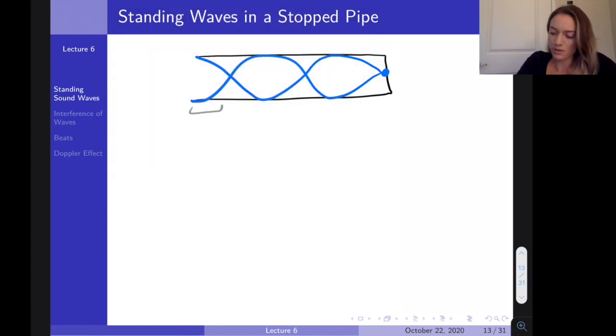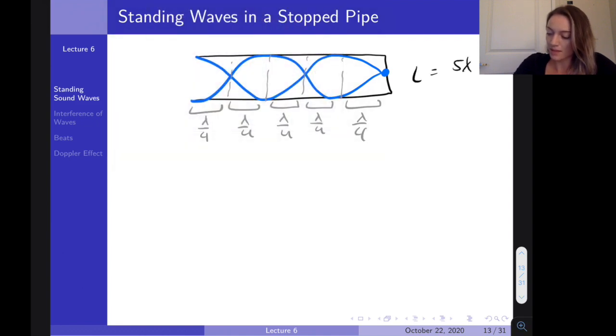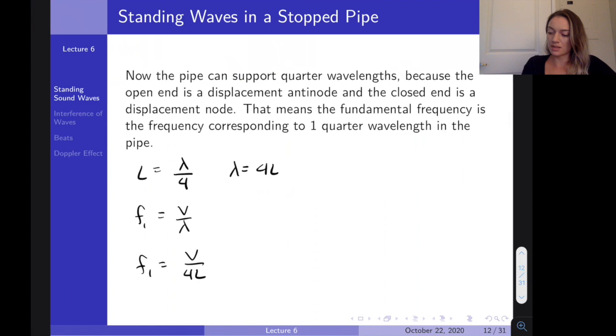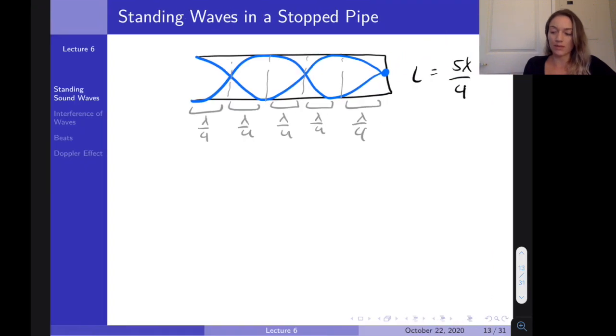We have a quarter wavelength here, then we have one here, here, here, here, right? So now I can see that my length is 5 lambda over 4. So it's 5 quarter wavelengths. Looking back at the previous ones we had just drawn, we were able to draw 1 quarter wavelength, 3 quarter wavelengths, and now the next one is 5 quarter wavelengths.